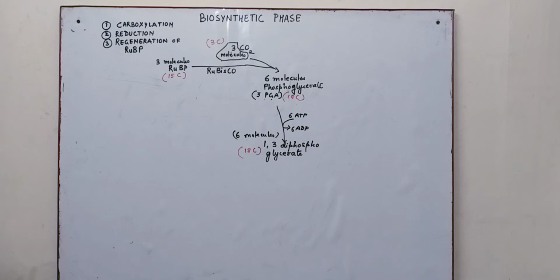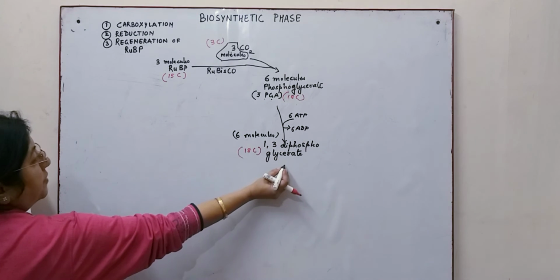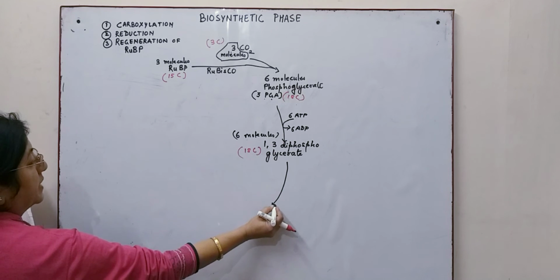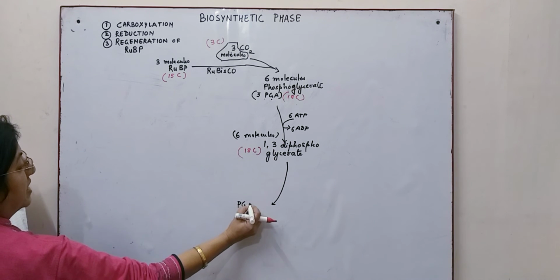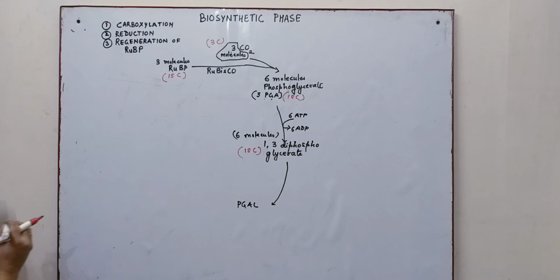It has the same number of carbon atoms. Now this undergoes reduction and we obtain PGAL, which is actually phosphoglyceraldehyde.